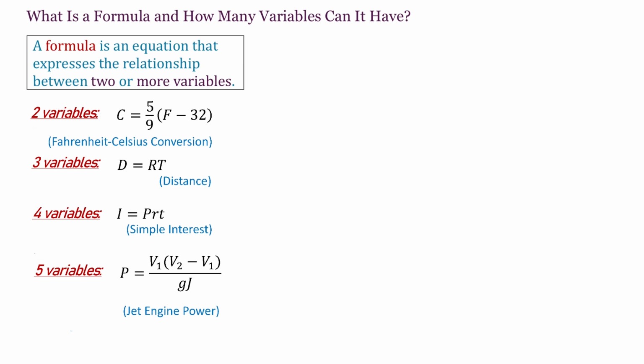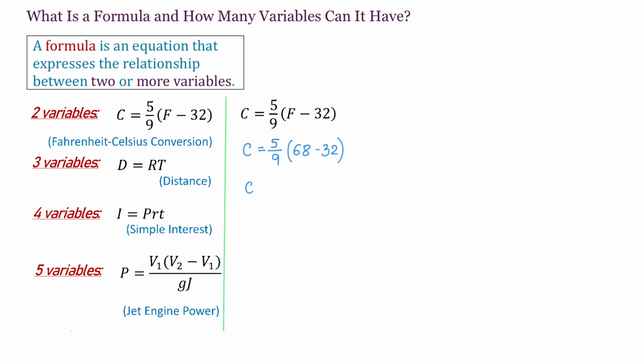Now we can use a formula to find the value of a certain variable. For example, we can use this formula to find the Celsius temperature when the Fahrenheit temperature is 68 degrees. And for this, we will replace F with 68. So we will write that C equals 5/9 times the quantity 68 minus 32.